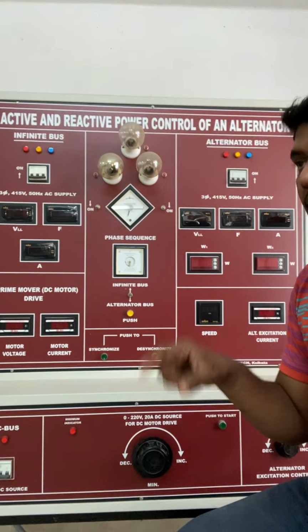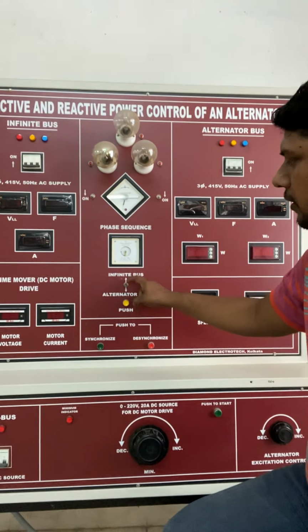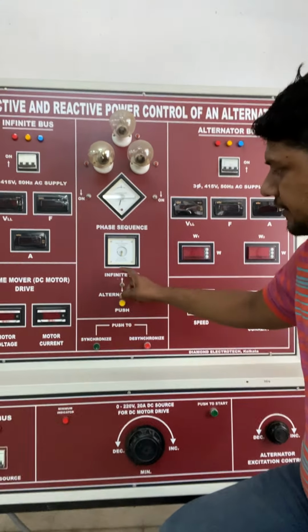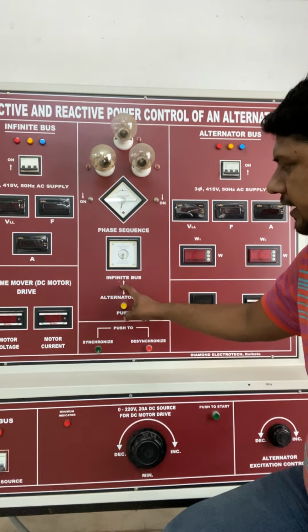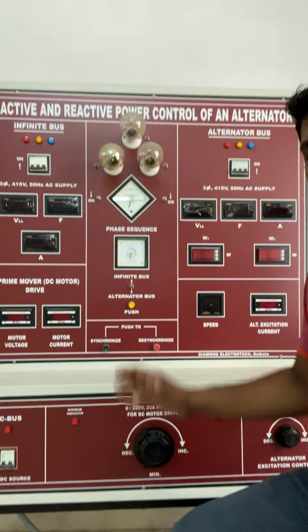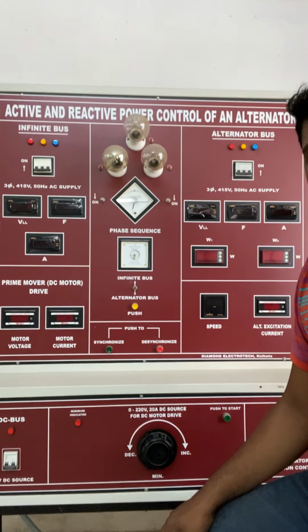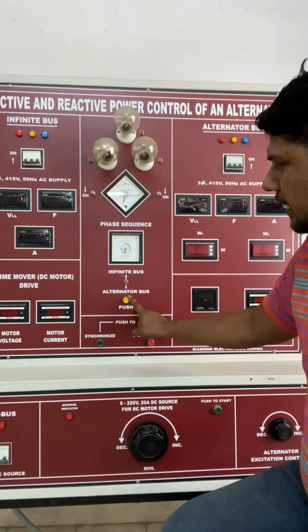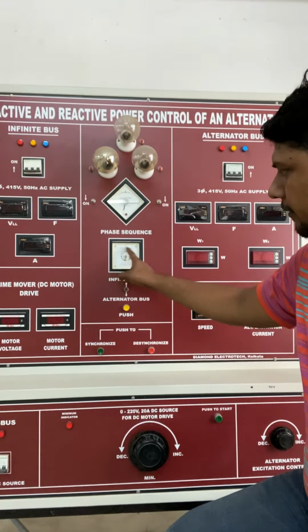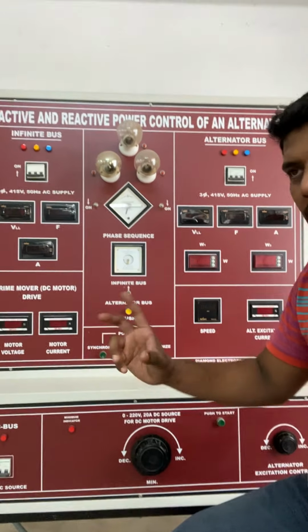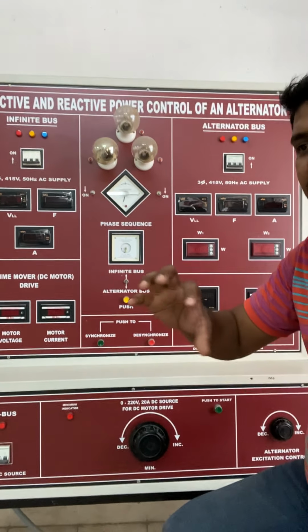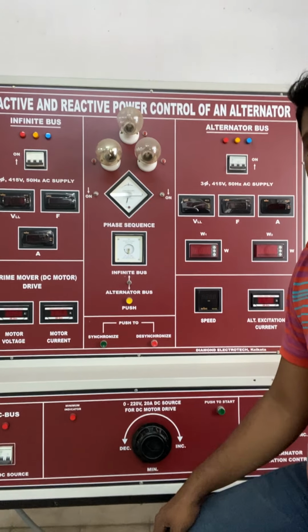If you haven't synchronized this properly, because of any error you have made, for example the phase sequence is not matching, your alternator would act as a motor at that particular time.